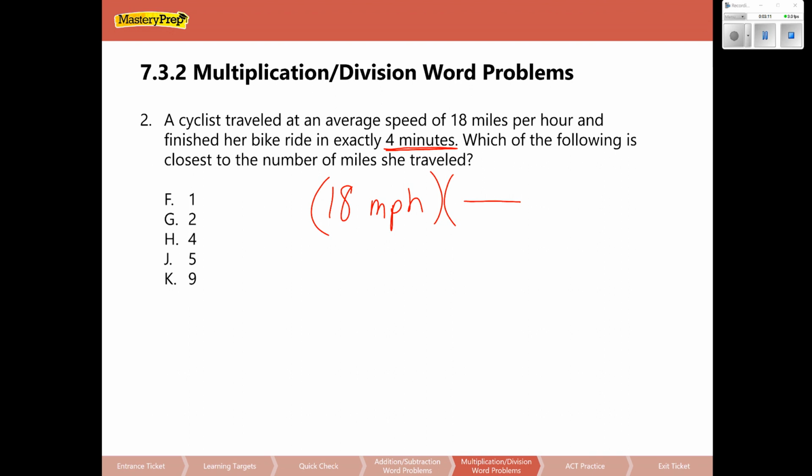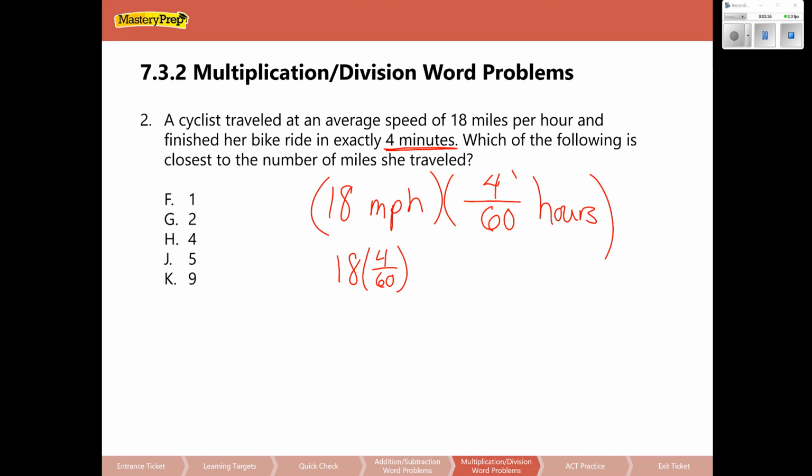So what would this be for hours? It would be 4 over 60, yes? And we could multiply this together. We could say 18 times 4 over 60.